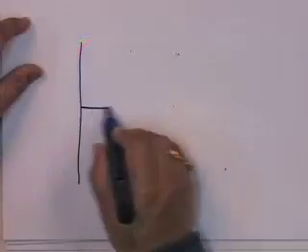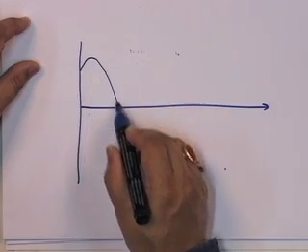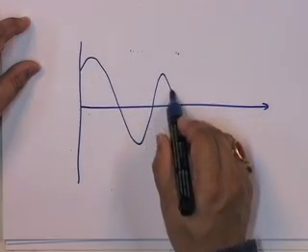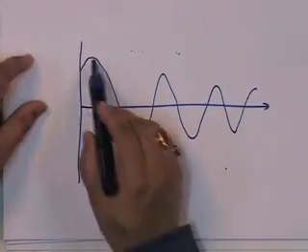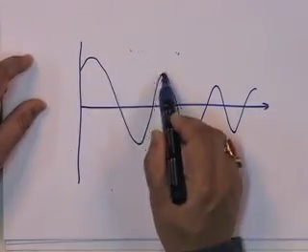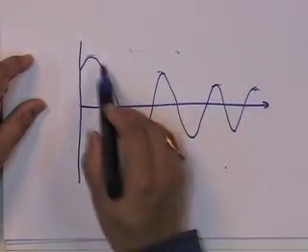So, in other words, in the real world, what we see is we have a decaying amplitude. We have amplitudes continuously decaying. Okay.